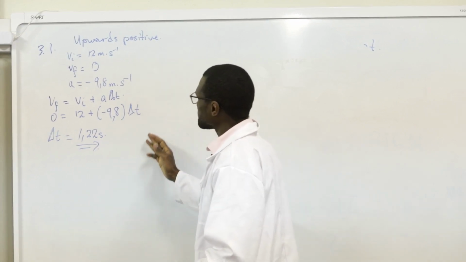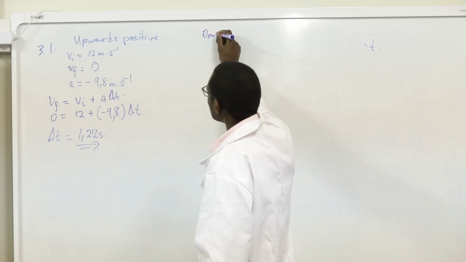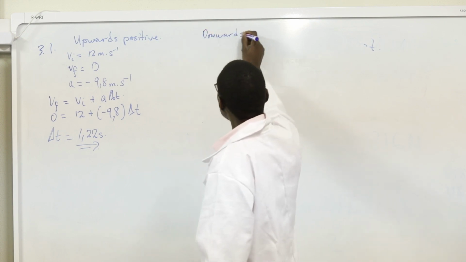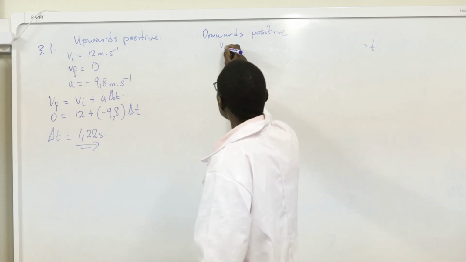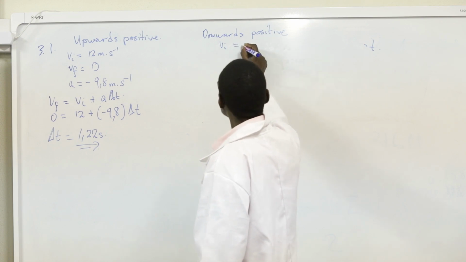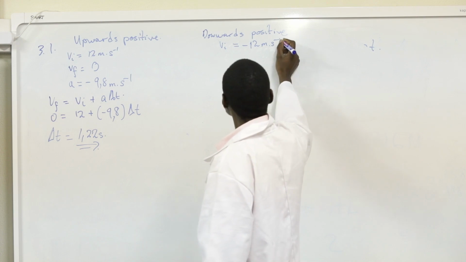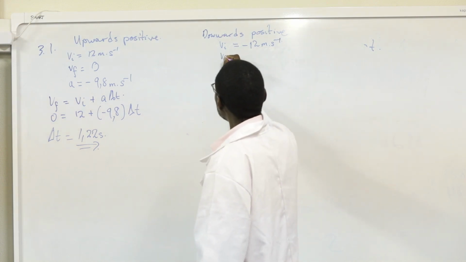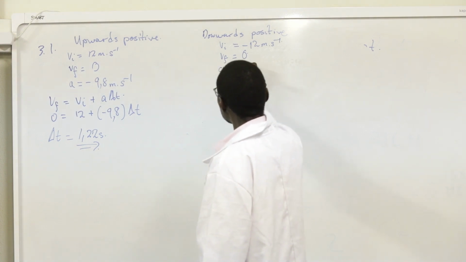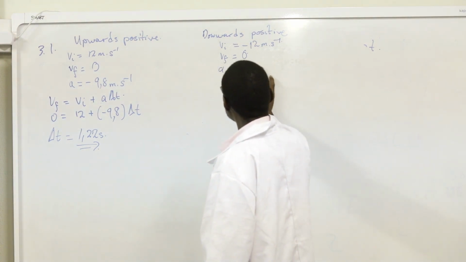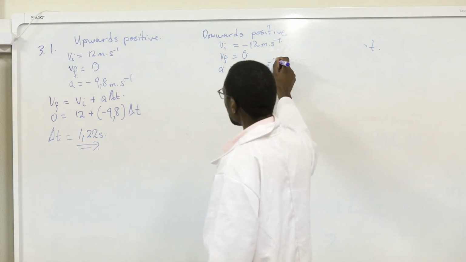And again, some people can choose downwards to be positive, meaning that their V initial is going to be equal to minus 12 meters per second, and V final 0, and acceleration will be positive 9.8 meters per second squared.